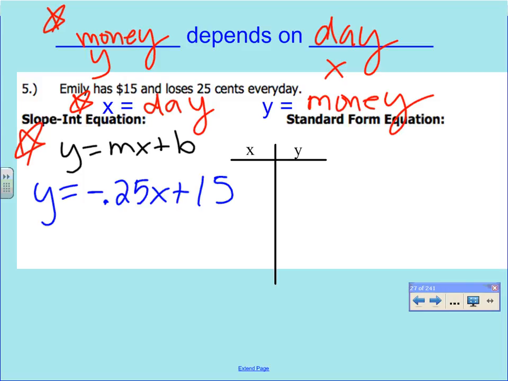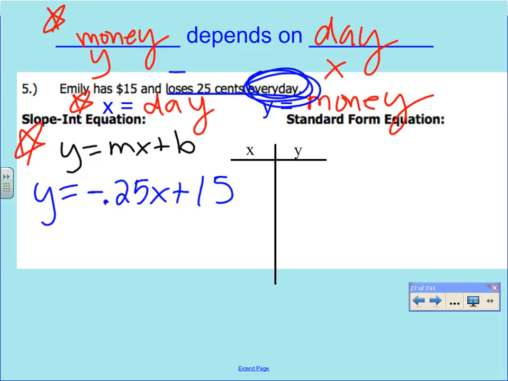Good job. So Emily has $15, but she loses a quarter every day. If you're losing something, that rate, that number next to x has to be negative. Loses 25 cents every day. That loses means negative. Every day, that's the key word for what has to go next to your x.